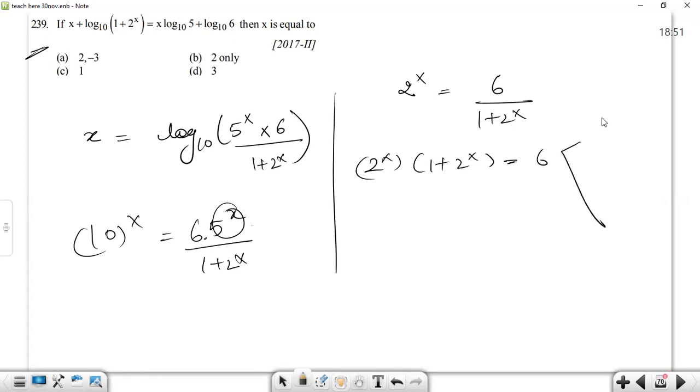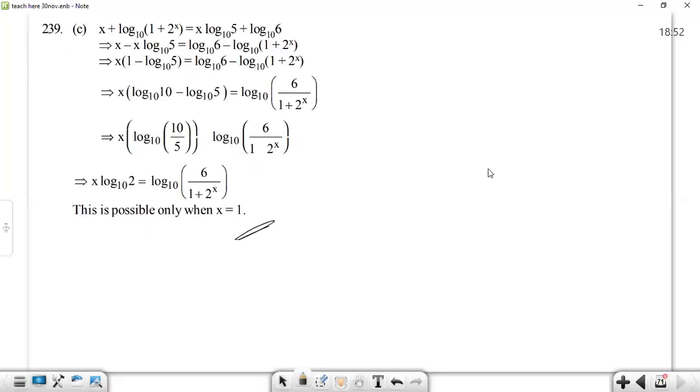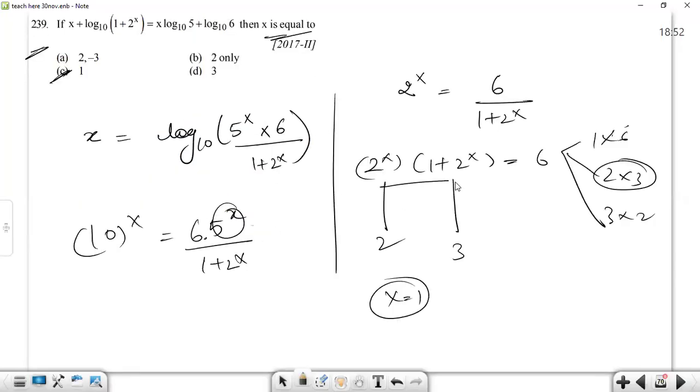From 6, the factors are 1 and 6, 2 and 3. The difference is one here between the factors, and it is 1 here also. This has to be 2, this has to be 3. So x has to be 1 for that. The value of x is 1. Any doubts? And the answer is the same. Any doubts?